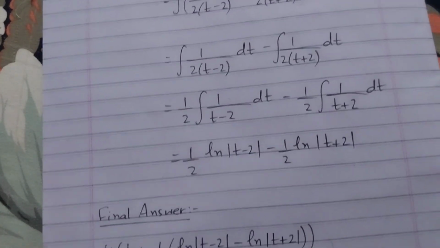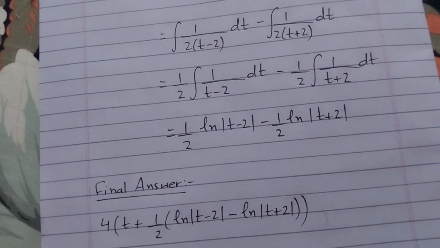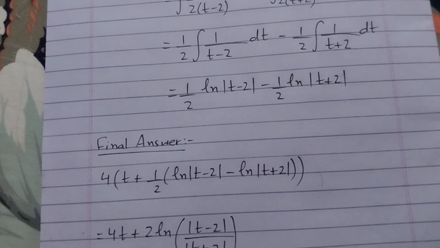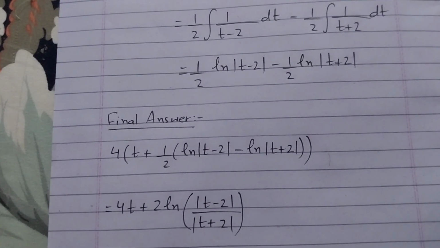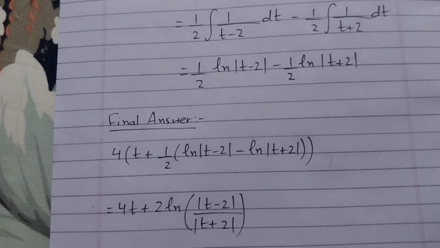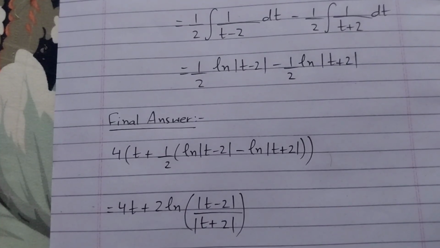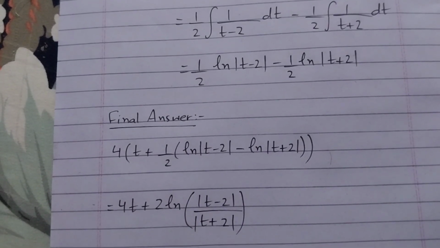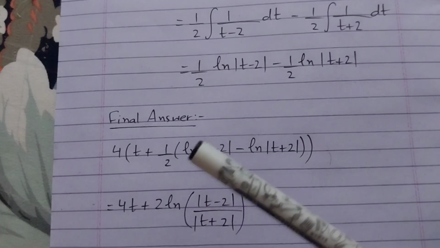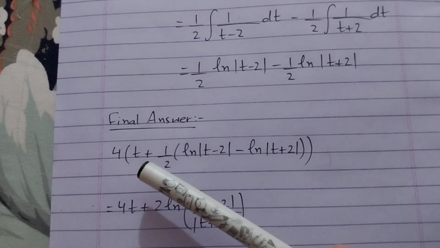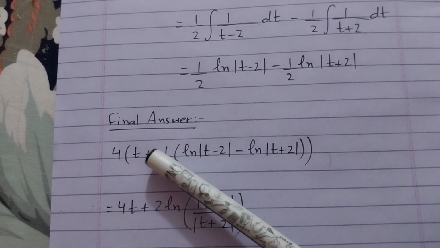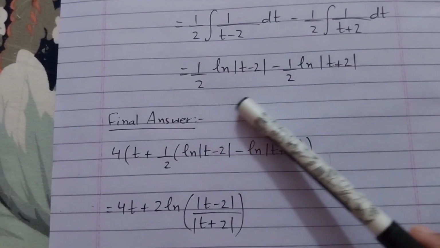So we had two terms in our answer. So our final answer will be 4 times t, because we had the antiderivative of 1 with respect to t, so that is simply t. So 4 times t plus this, the integral of 1 plus this thing.